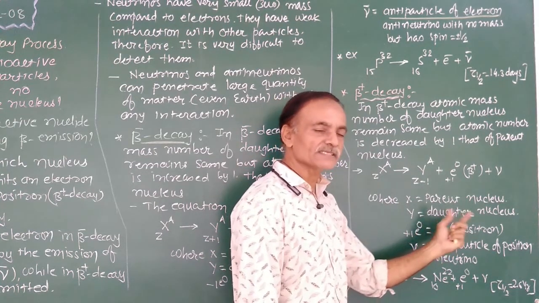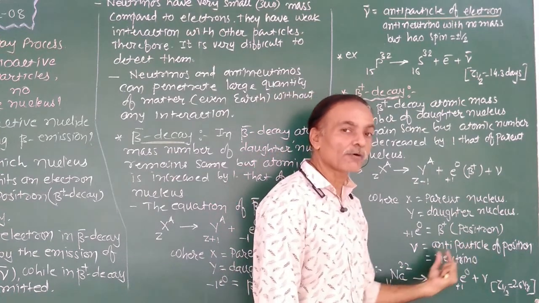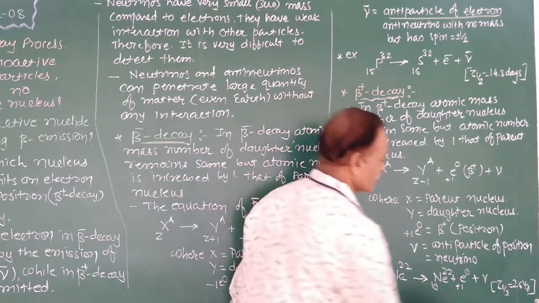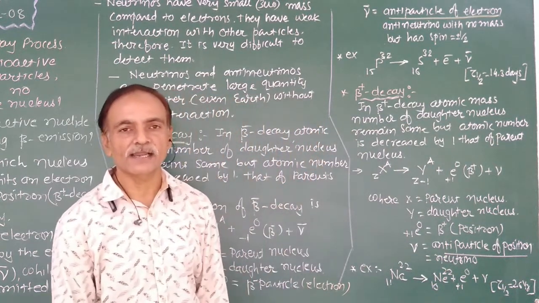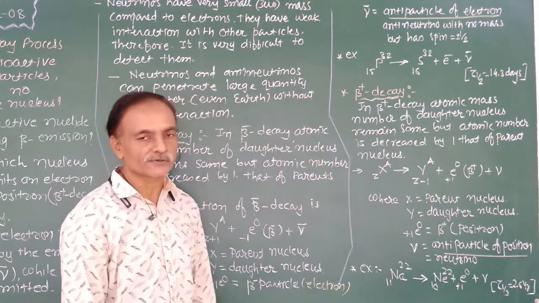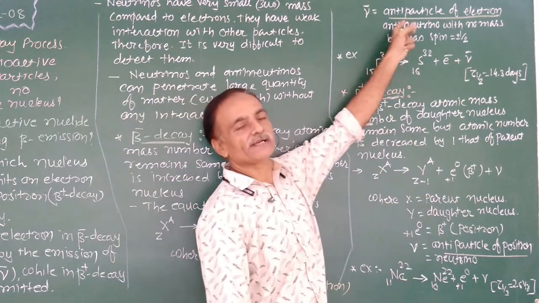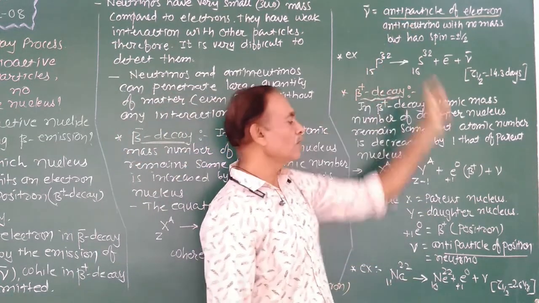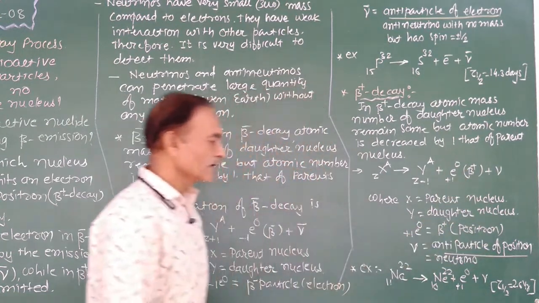Beta plus means the positron, and there is the anti-particle of the positron, which is the neutrino. Therefore, the neutrino is the anti-particle of the positron, while the anti-particle of the electron is the anti-neutrino.